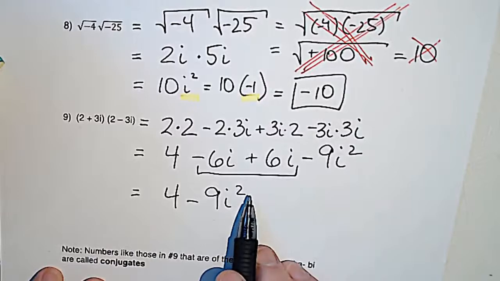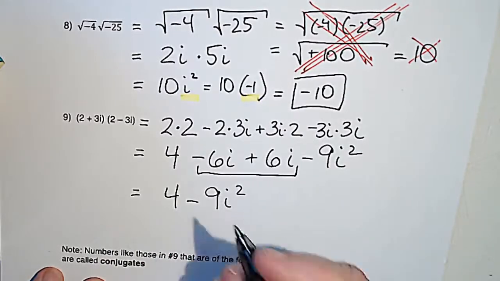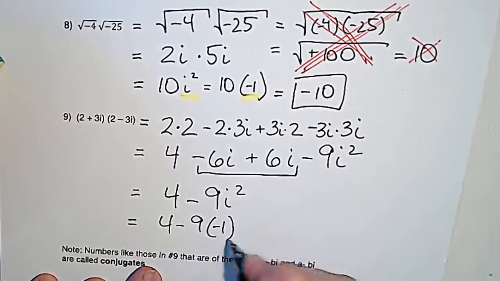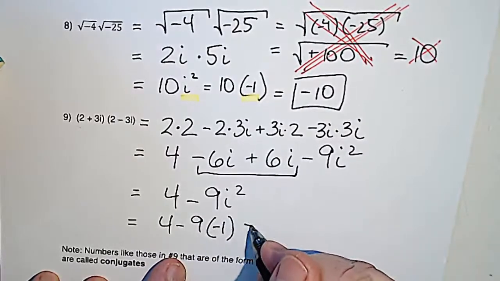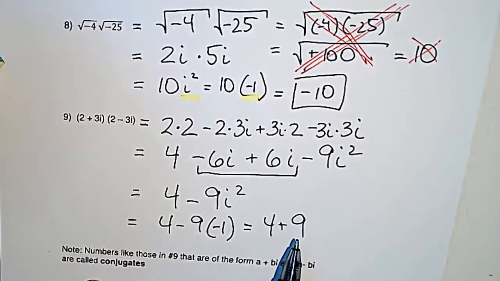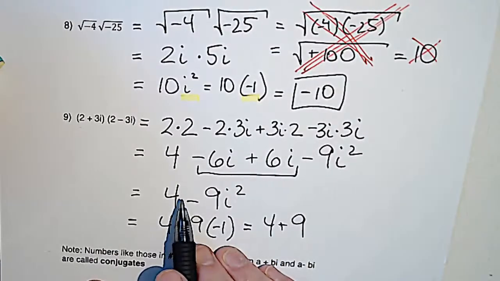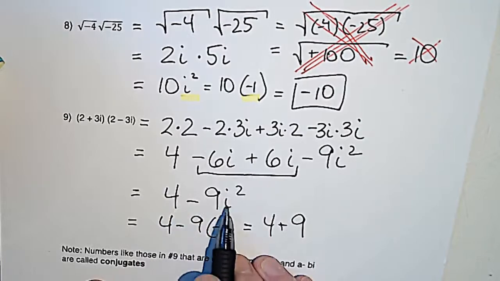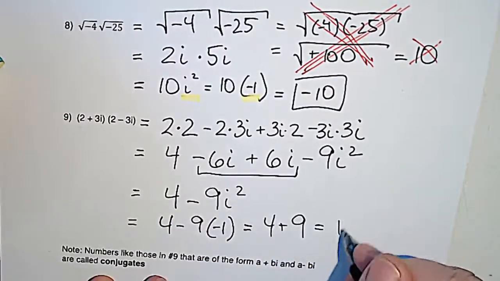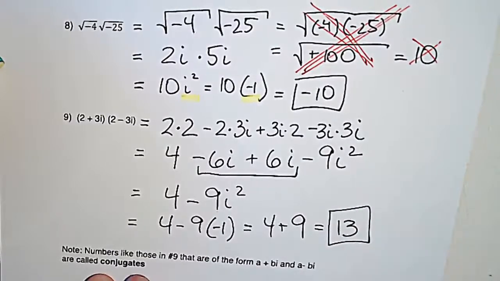What is i squared equal to? You're right, i squared is equal to a negative 1. And something miraculous happens. We have an a squared minus b squared situation, but b squared is negative. So we get 4 plus 9, which is 13, which is truly weird.